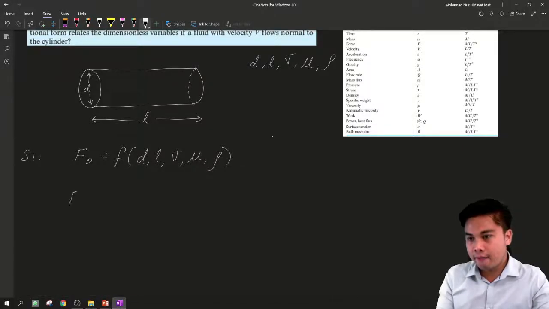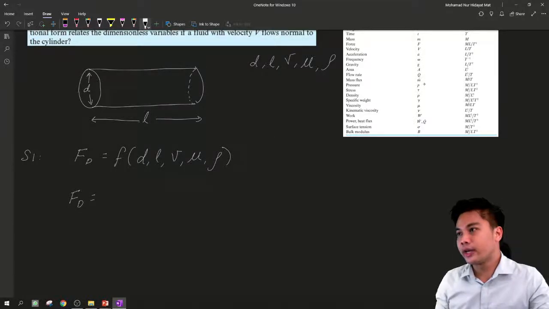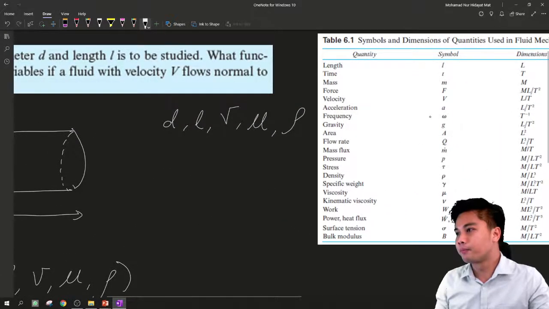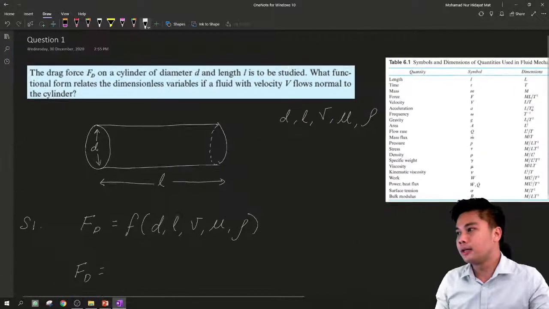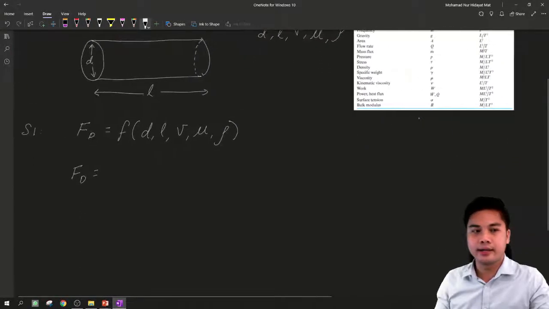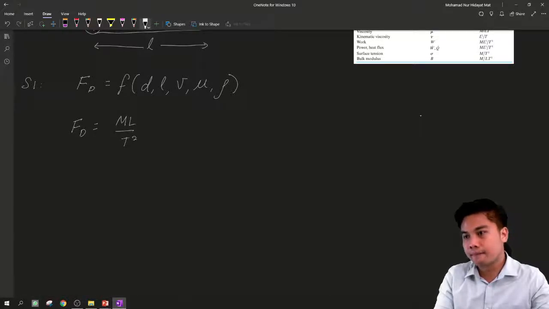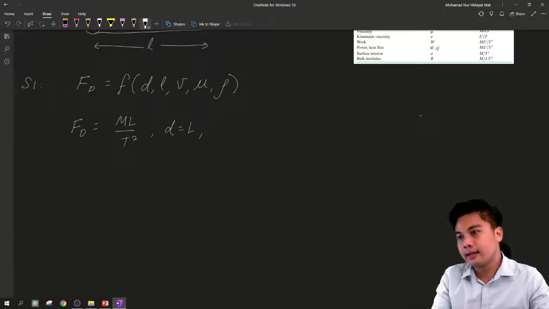Fd is the drag force, which from the table is ML over T squared. And the diameter refers to length, L.